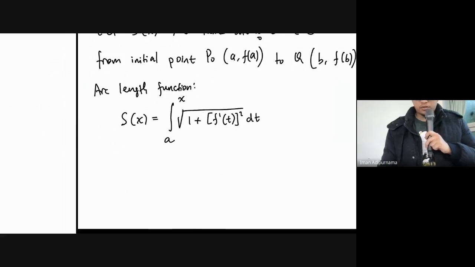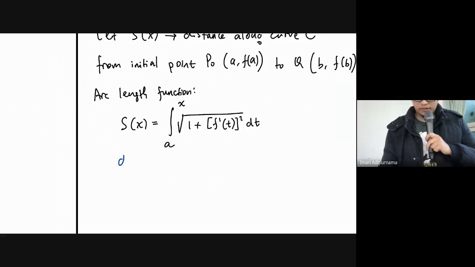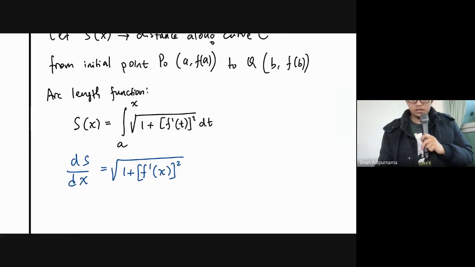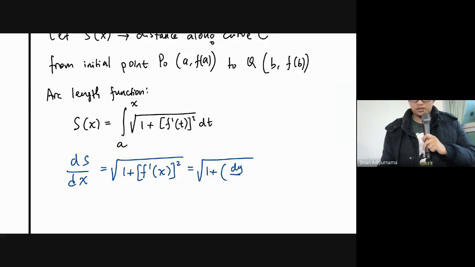So if we want to derive this, ds over dx is actually the square root of 1 plus f prime of x squared, or you can write it as dy over dx.